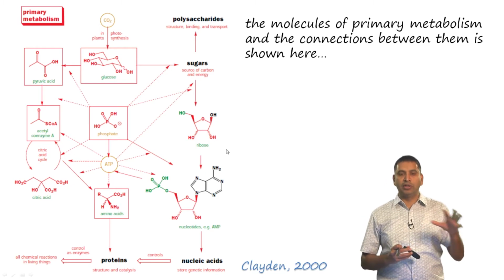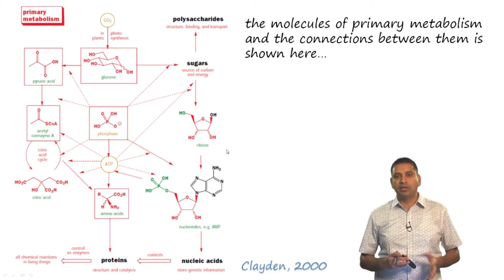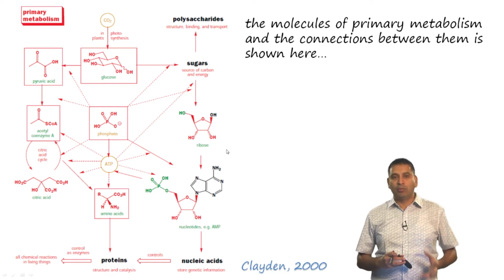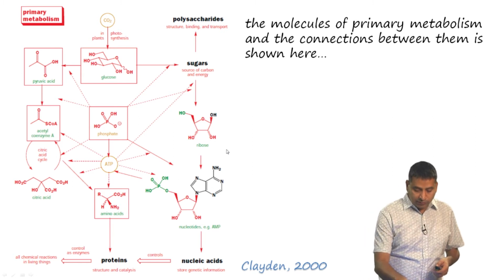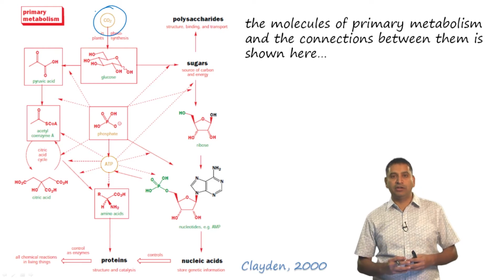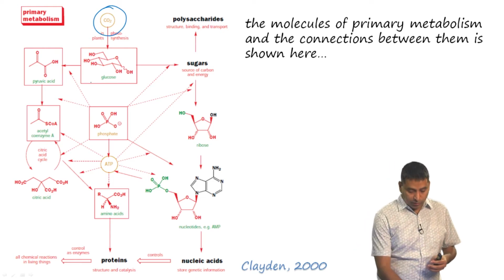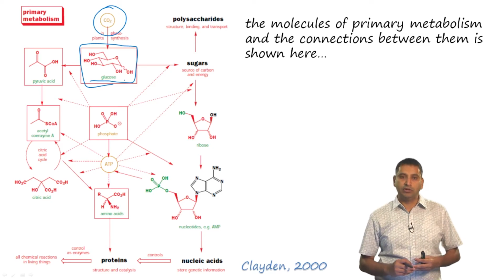So, this is a complicated figure. We will not go into too much depth, but there are a number of important molecules here that we need to look at. So, the first one is basically carbon dioxide, which is fixed by plants to produce glucose, and as we all know, glucose is the major source of energy for us.